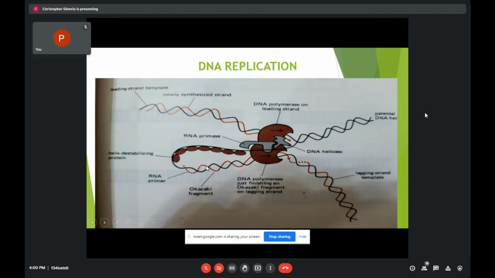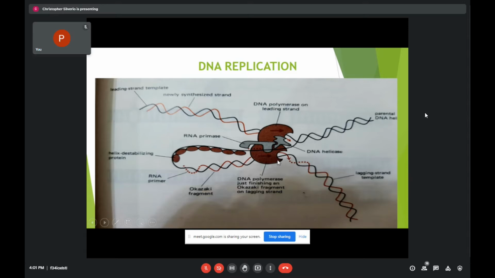So this is now the new lagging strand synthesized by the DNA polymerase. And what do you call this new lagging strand? This is known as the Okazaki fragment.